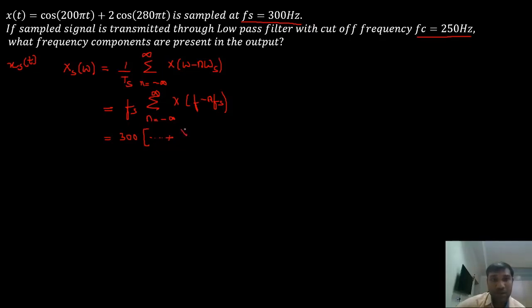It is X of f plus Fs. When n is equal to 0, it is X of f. Plus n equals 1, X of f minus Fs, and so on and so on.